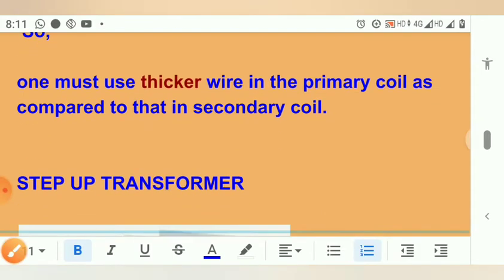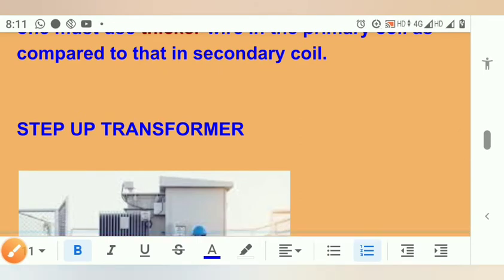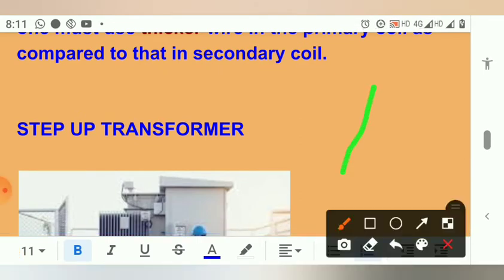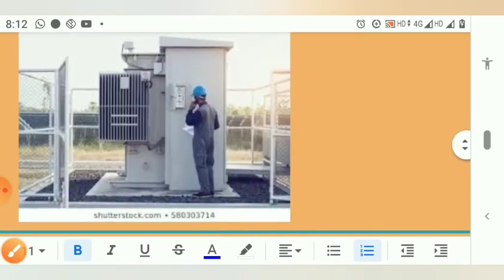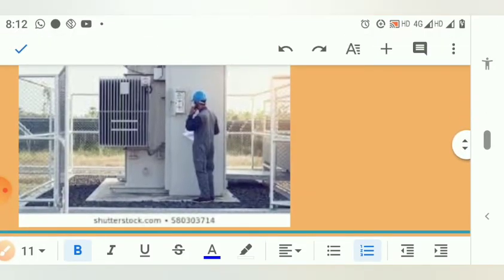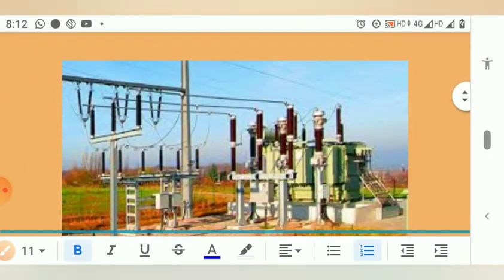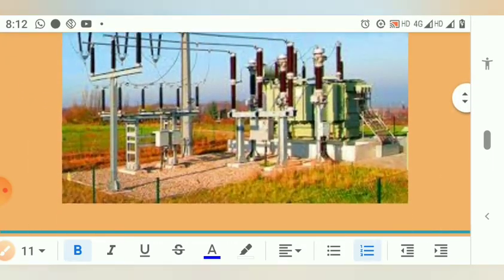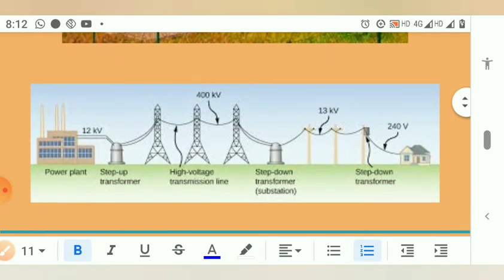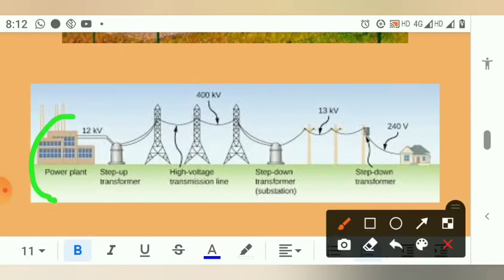Okay, step up transformer. Now we will be discussing the step up transformer. Here the figure is about the step up transformer. Here I forgot to tell you that this is a power plant, and after that it gives power of 12 kilowatt to the step up transformer.